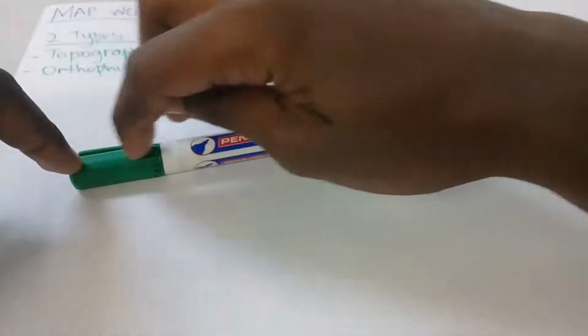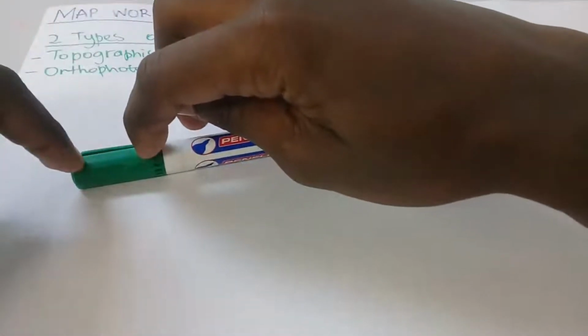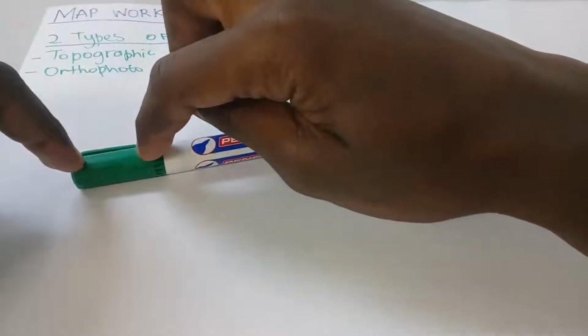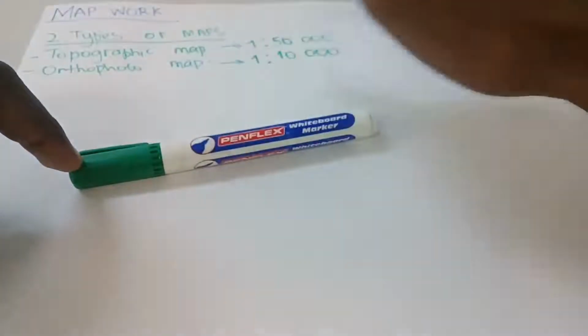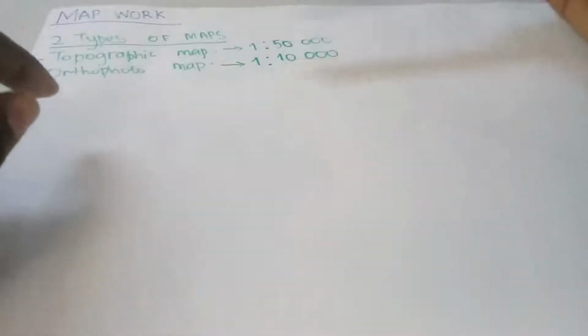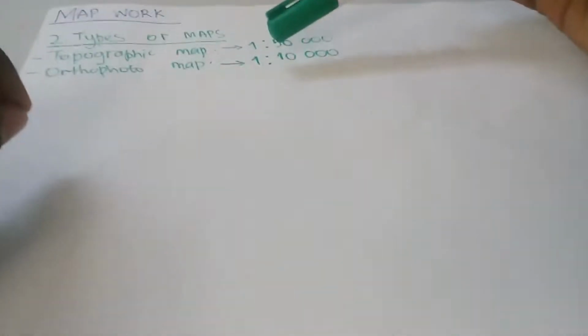And you should know this 1 centimeter on the actual ground represents 50,000 centimeters on the real ground. But we are going to discuss more about that. Also in the orthophoto map, 1 centimeter on the map represents 10,000 centimeters on the actual ground.